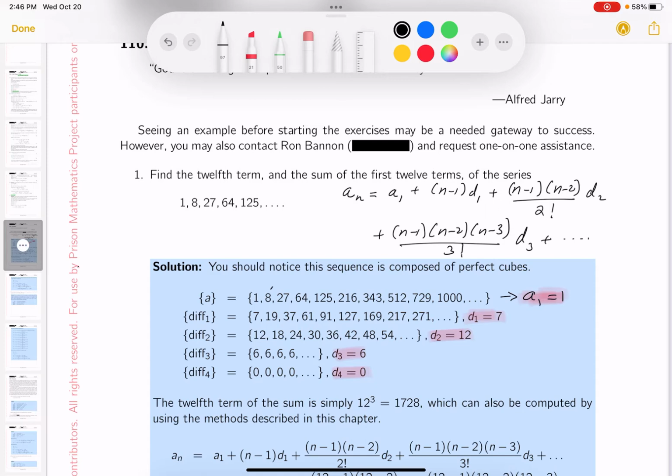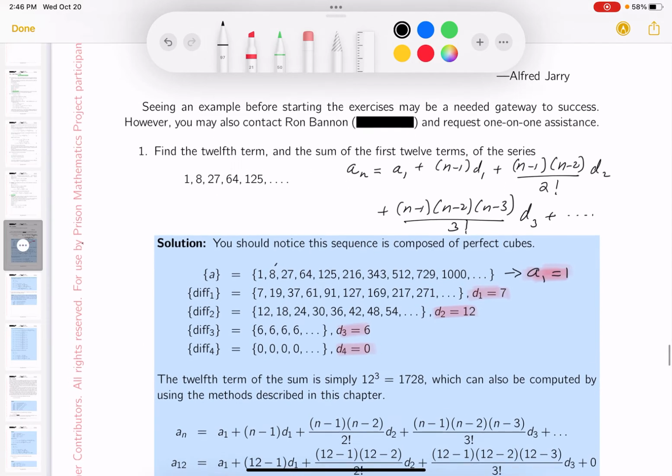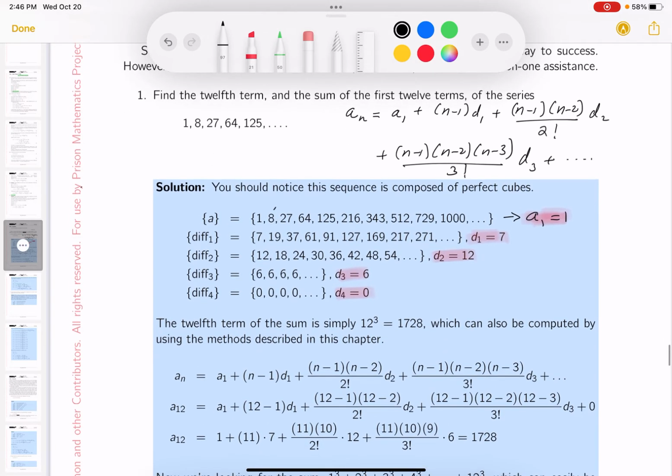All right? But what's nice about this, when I'm kind of looking at it, I know what they want. They want A12, right? So I'm going to get my eraser out. And wherever I see N, I'm going to put 12 down now. Let me just erase them, okay?